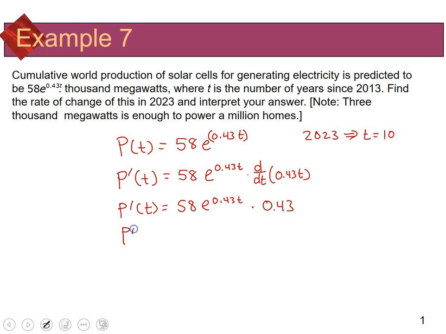So to simplify, I take 58 times 0.43, and I get 24.94 e to the 0.43t.